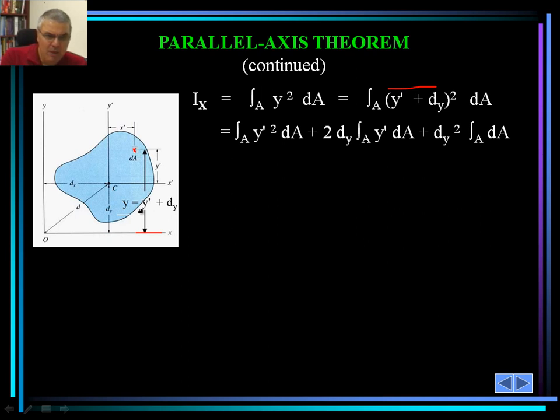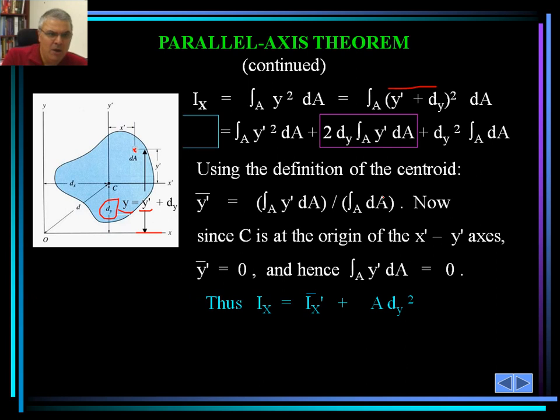But now y, the new y, which includes y prime plus d sub y, would be that new distance. Now remember, d sub y is the distance between these two axes, Cx prime and Ox. So as such, we do a substitution. Instead of y, we put y prime plus d sub y. There's a square here, we keep that, and we carry the integration on.